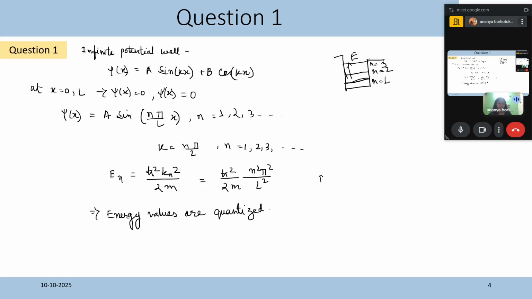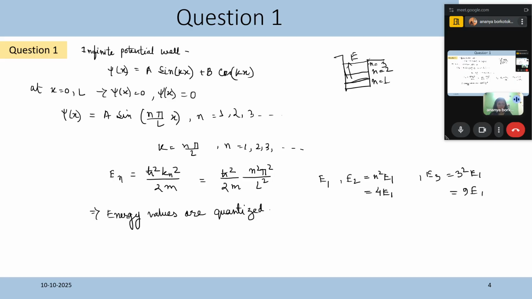Okay, so if we have E1 for the first energy level, then the energy E_n will be n square into E1. For E2 it will be 4E1. Similarly for E3 it will be 3 square into E1, that means it is 9E1.